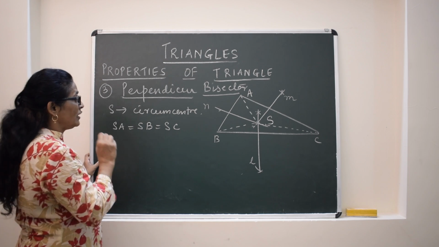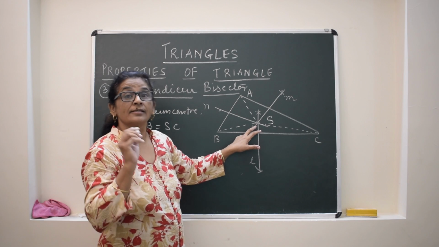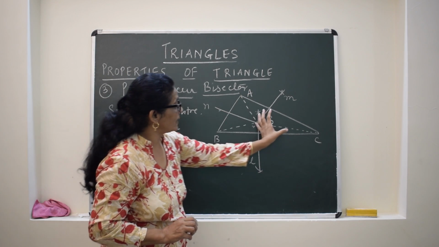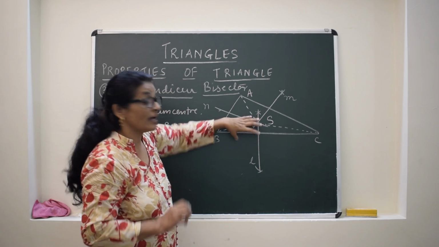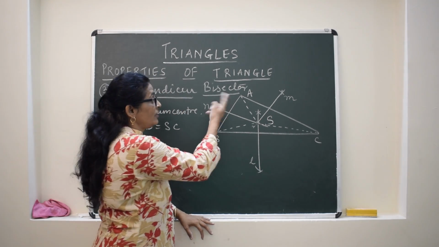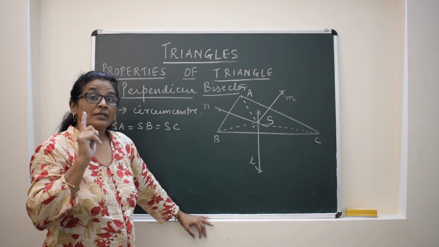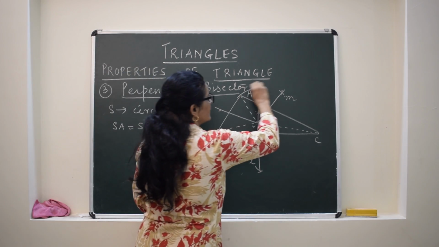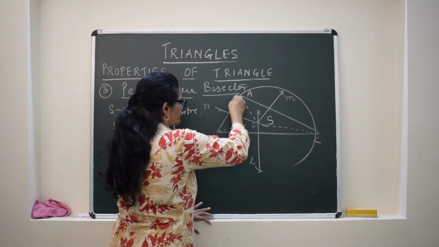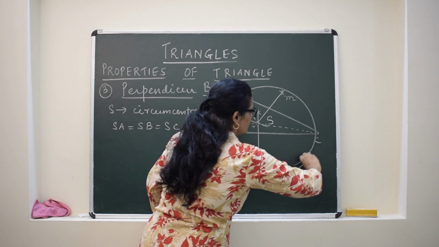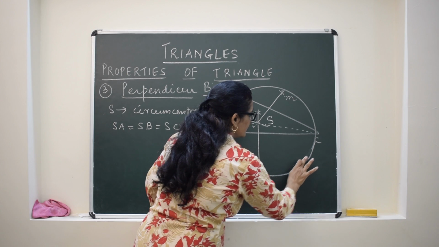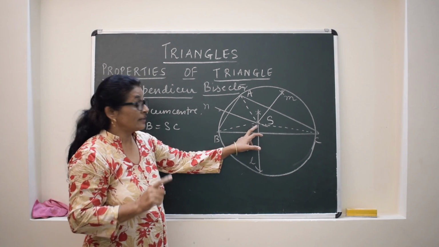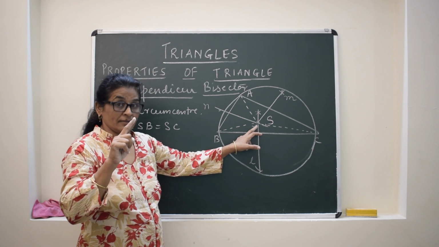If we take S as the center and SA, SC or SB as the radius and draw a circle, the circle will touch each vertex, and that circle will be called the circumcircle, drawn by taking the circumcenter as its center.